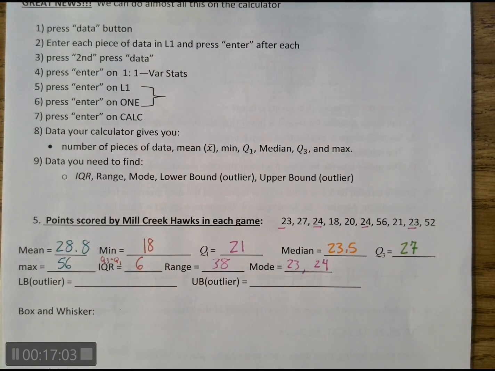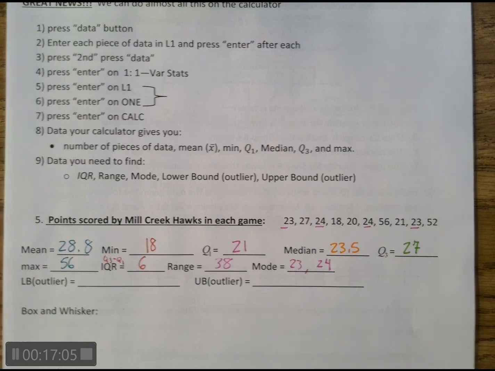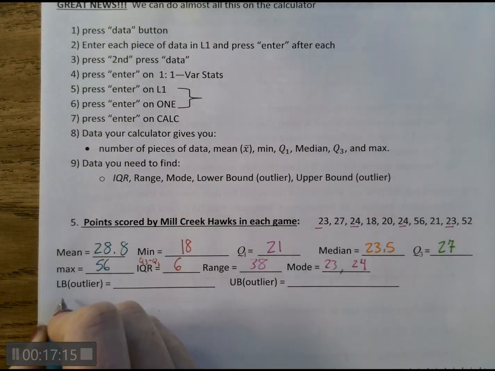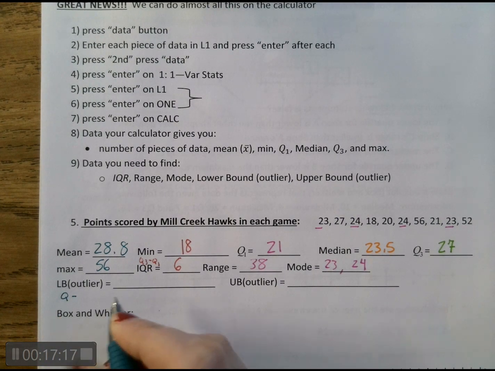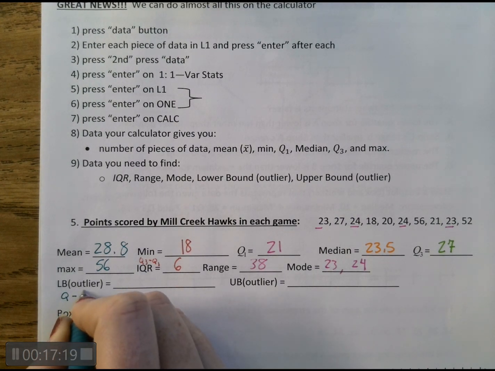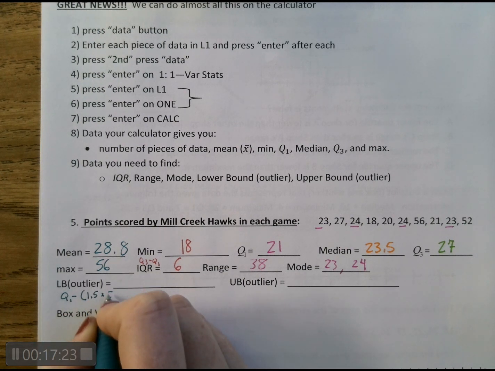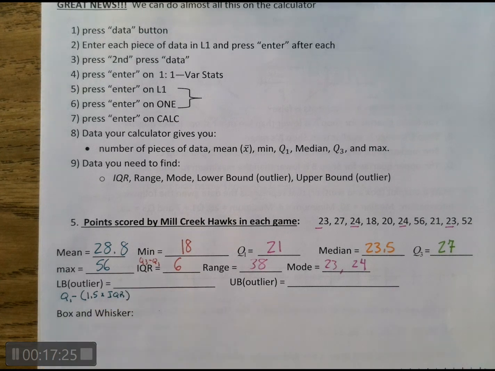Alright, and then your lower bound, so I gave you guys a little bit of space. Your lower bound, which we said was going to be your Q1 minus, parentheses, 1.5, sorry I forgot the 1, times your IQR.